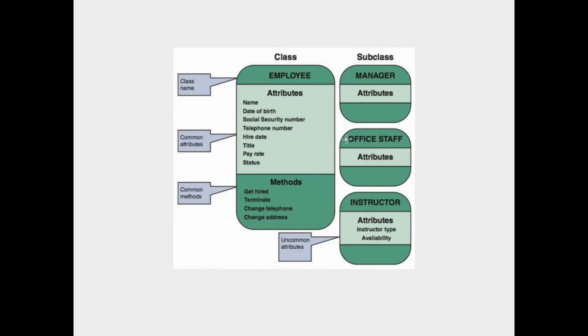And then there are some common methods. We have get hired, terminate, right? So these are common. But then if you look at the instructor subclass, we have a very specific attribute, instructor type and availability.